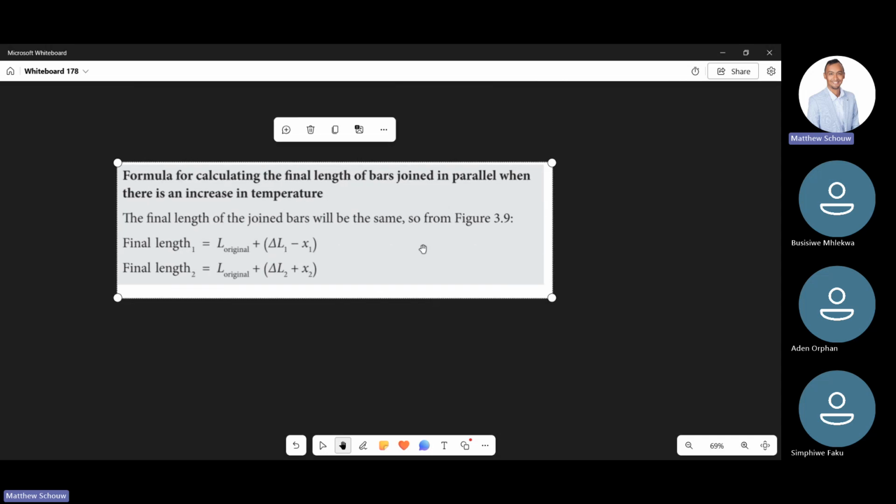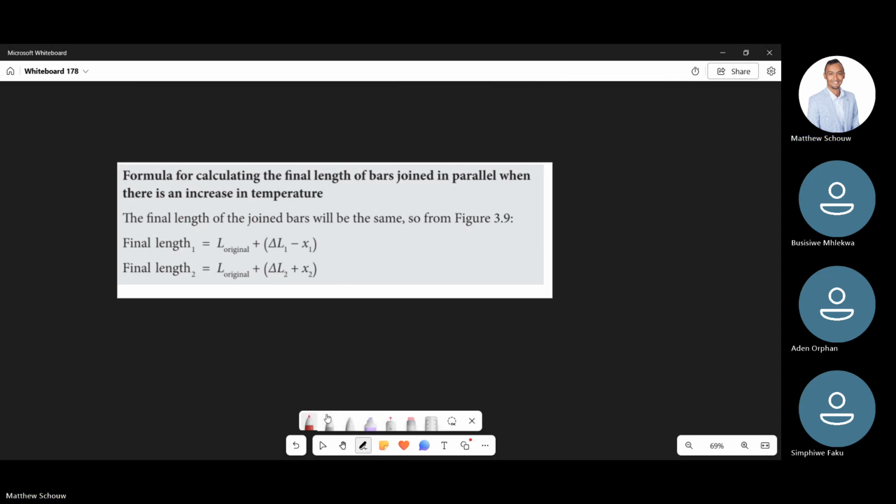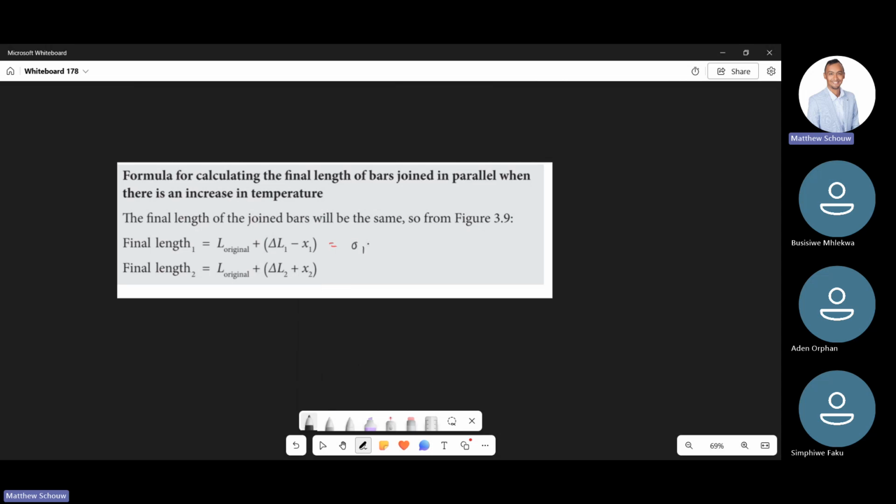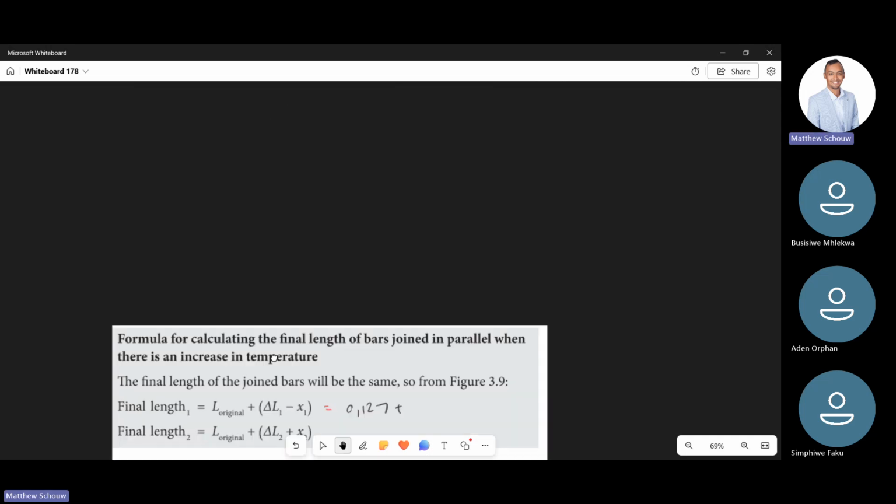So what I want you guys to quickly do for me is get the final length. You can use either material 1 or material 2. It'll be exactly the same. Material 1's length, I believe, was 0.127, right? Plus the expansion was how much again? I can't remember.